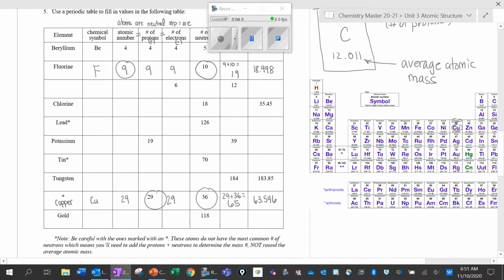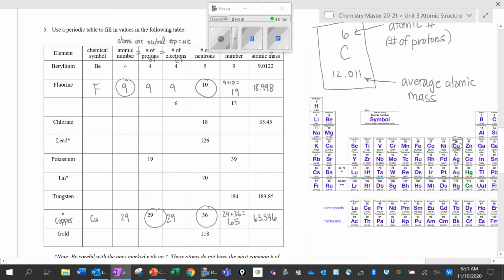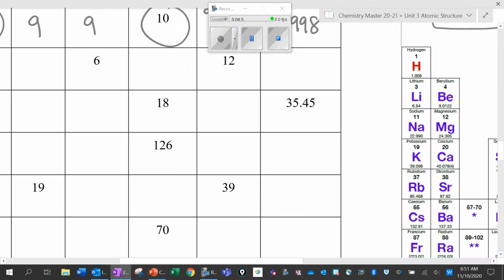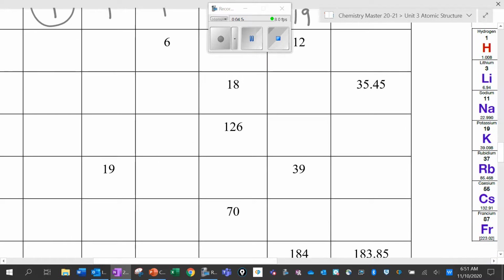So if we know the element, we can figure out the atomic number, or if we know the atomic number, we can figure out what the element is. Let's look at another one. How about potassium? Potassium is the element K. I'm going to look on the periodic table and find K. And K has an atomic number of 19.